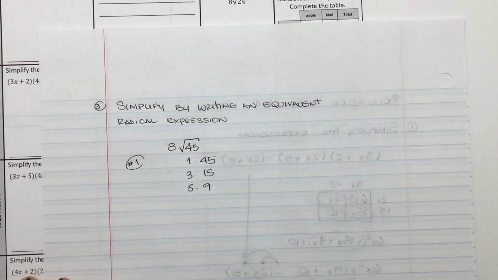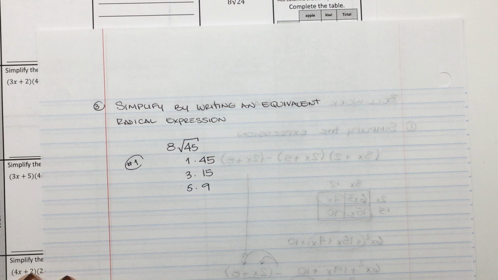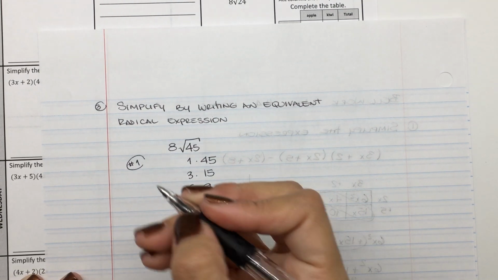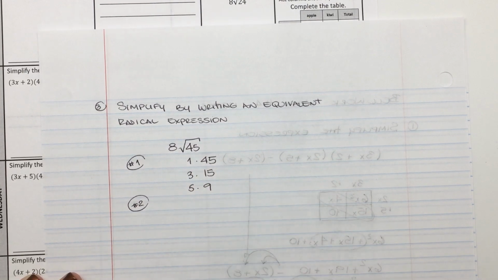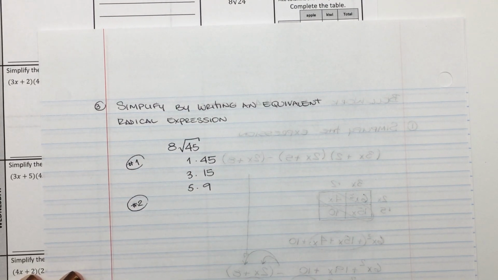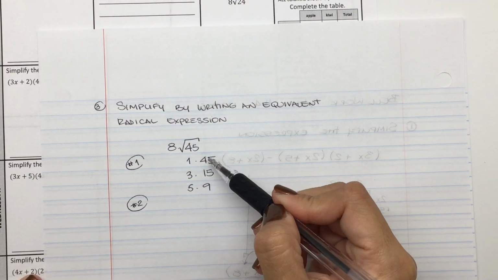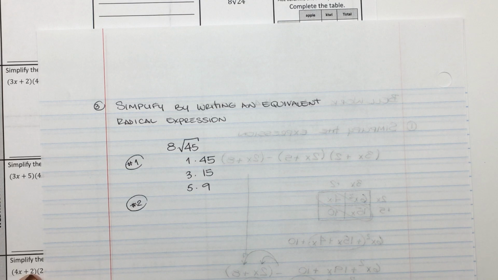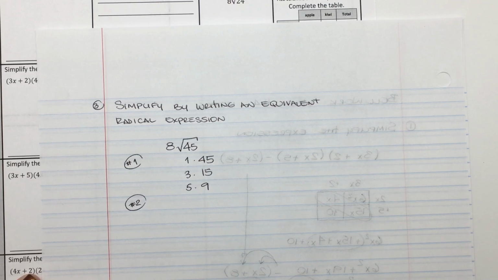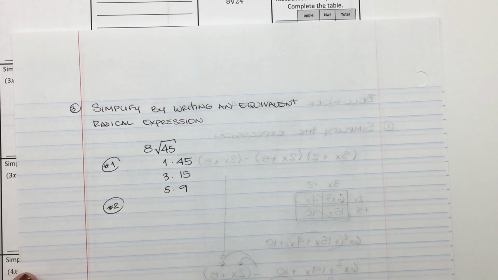So I'm going to stop there for the time being, and we're going to see that step number 2 in rewriting an equivalent radical expression is to find out of all these numbers which one has a set that has a perfect square. Remember, a perfect square is any number that has a square root.